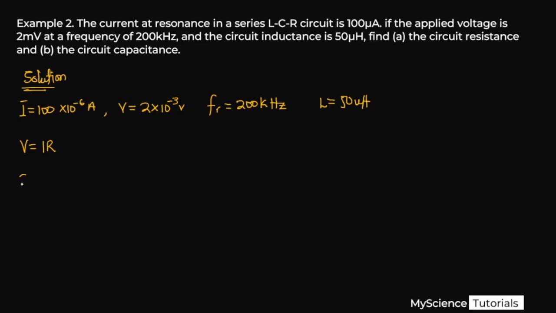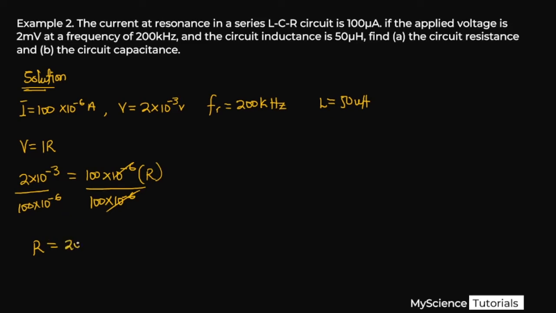Our voltage here is 2 times 10 raised to the power minus 3, equal to our current, 100 times 10 raised to the power minus 6, multiplied by our resistance R. If we divide both sides by 100 times 10 raised to the power minus 6, we get our resistance R equal to 2 times 10 raised to the power minus 3 on 100 times 10 raised to the power negative 6, which gives 20 ohms. So my resistance in this case is 20 ohms.